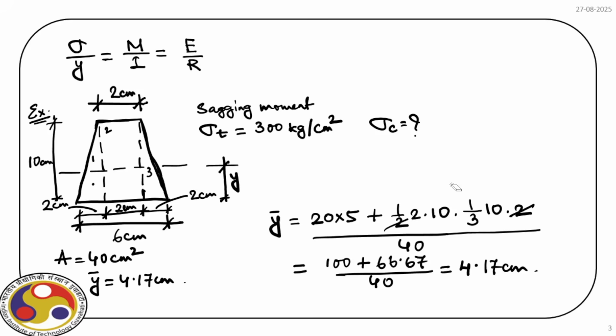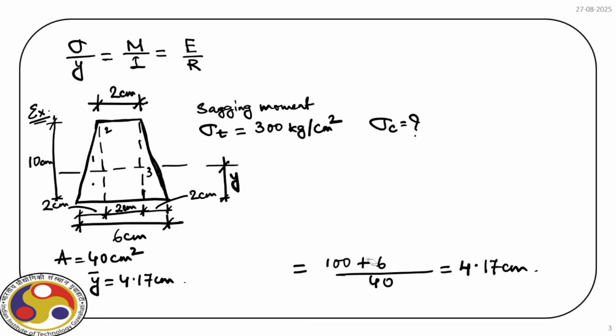Now let us find out the moment of inertia. Again, we consider first the rectangular cross section and then the two triangular cross sections. For moment of inertia, we have to start from the CG of the respective section and then transfer it to the CG of the combined section.